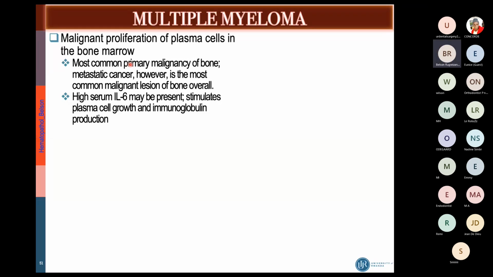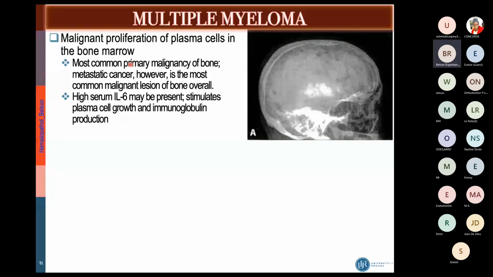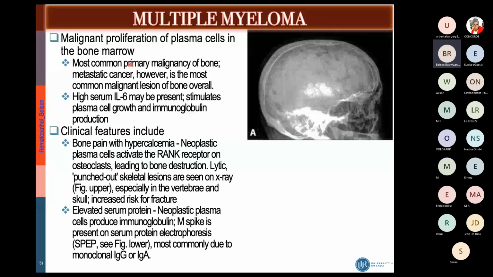So these patients will have a high serum interleukin 6, which stimulates plasma cell growth and immunoglobulin production. Another thing: when you do an X-ray, you find lytic lesions in the skull bones and elsewhere, many of them. They are dark, so there is no calcium.